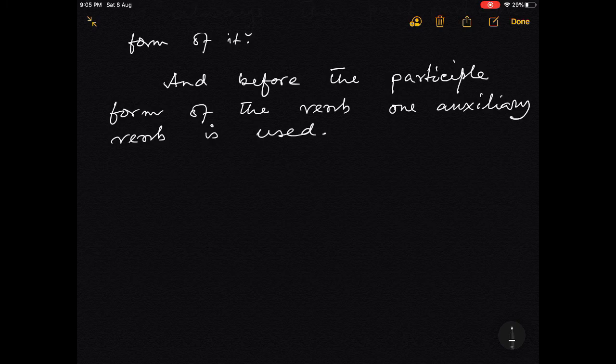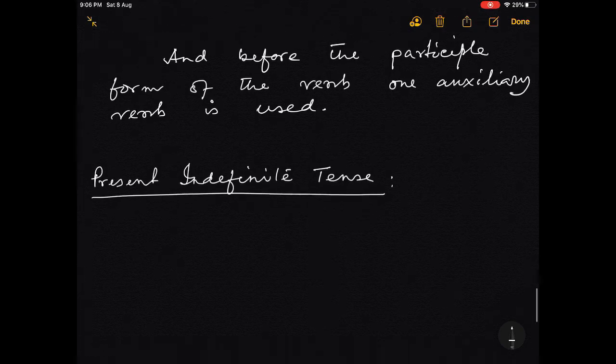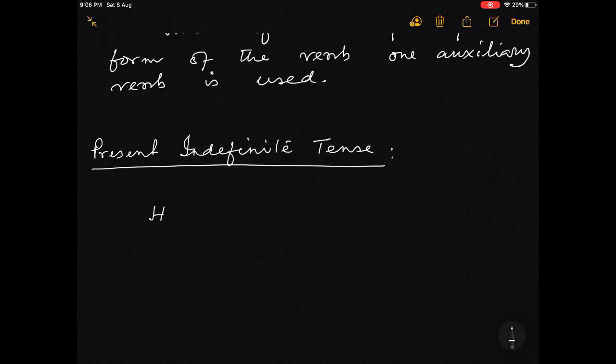Take a sentence of present indefinite tense. Take one sentence in this tense. Same sentence, he writes a letter.